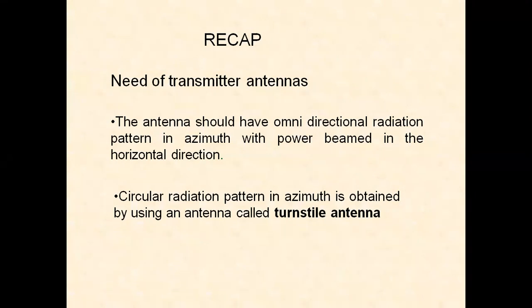Hence there is a need for turnstile antenna, which produces an omnidirectional radiation pattern. The signal should be radiated equally in all the directions. So turnstile antenna is meeting the requirements for TV transmission. We will be discussing in detail about the turnstile antenna in this lesson.